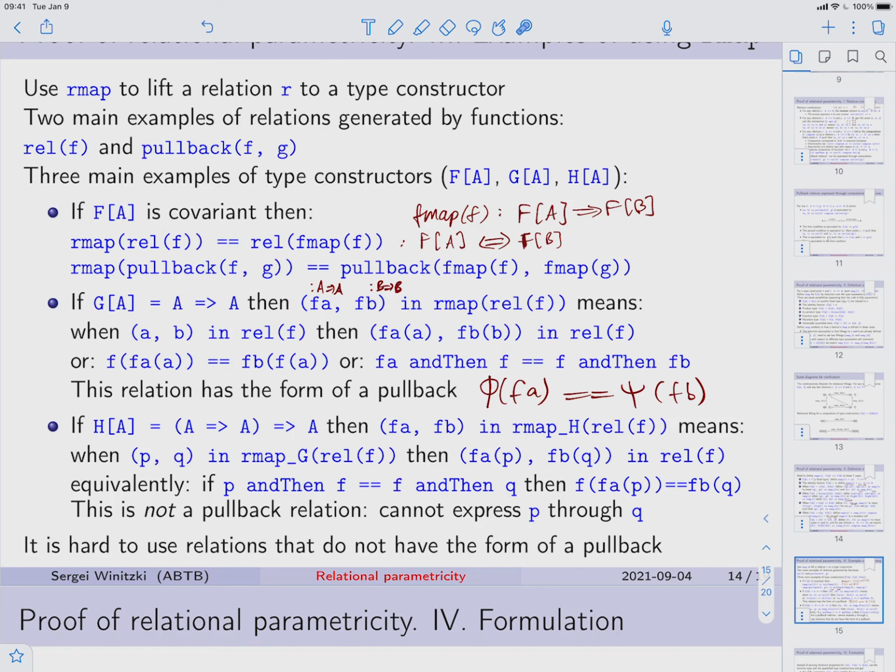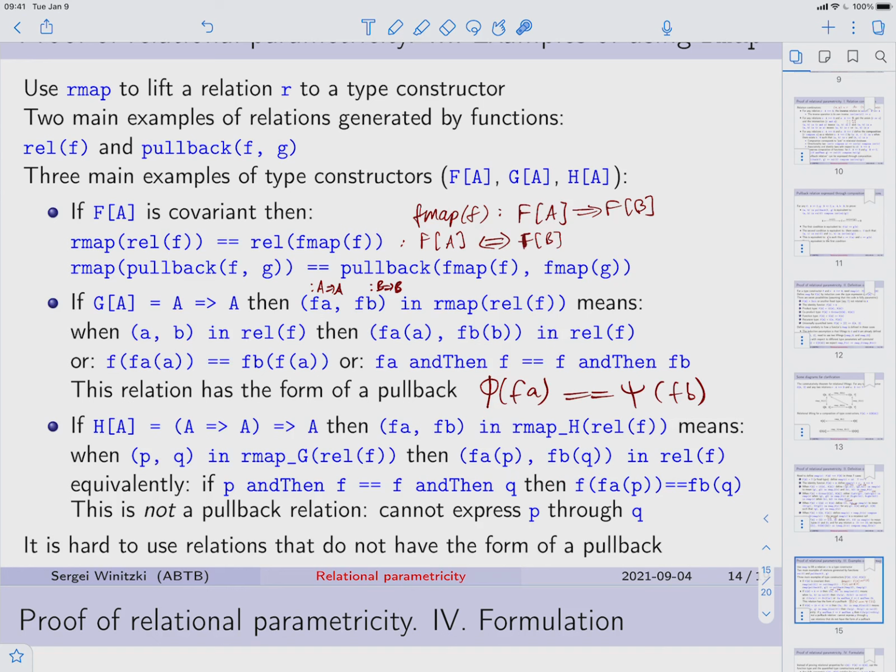It is not easy to use that kind of relation. It is not easy to take it and draw some conclusions from it in the form of an equation. You have to find specific p and q that satisfy this, and then you will have an equation. But that's only for specific p and q. So you could draw conclusions from it which will be weaker than this full relational law. But you will be able to use those conclusions maybe more easily.